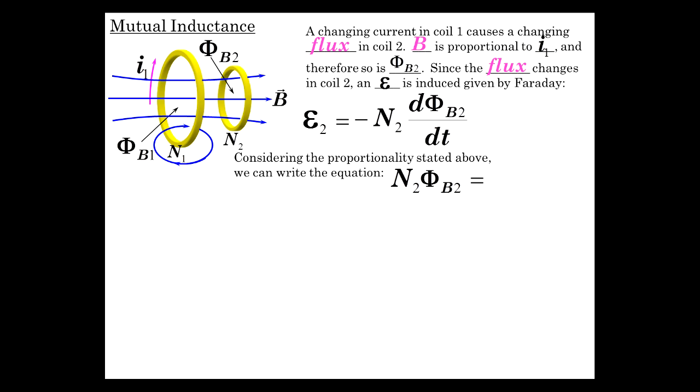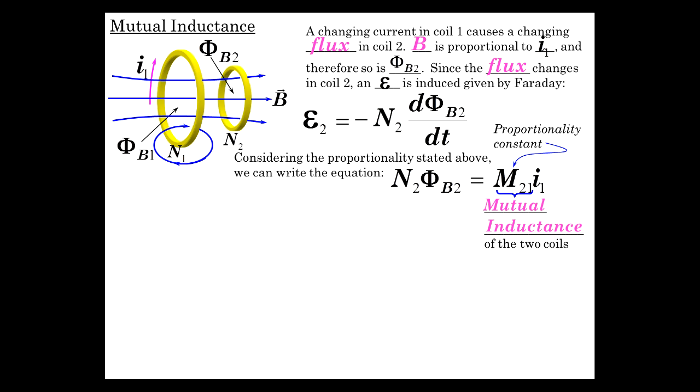Since that's true, then NΦ_B2 equals, since this is proportional to the B field, which is proportional to I, we're going to put a proportionality constant in here. We're going to call that proportionality constant the mutual inductance of the two coils.